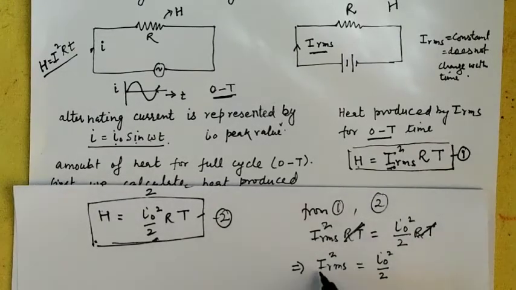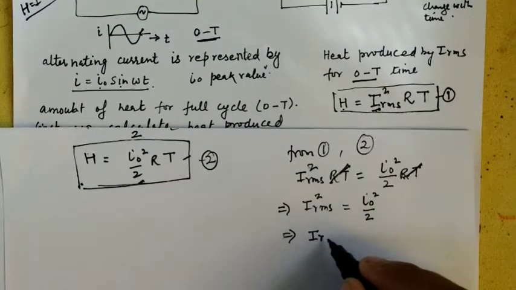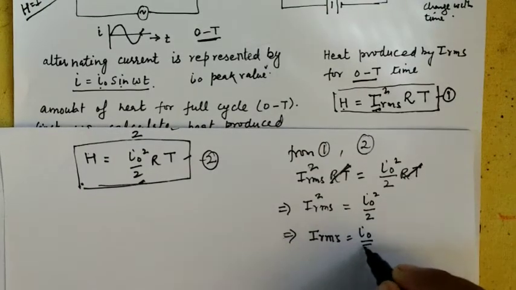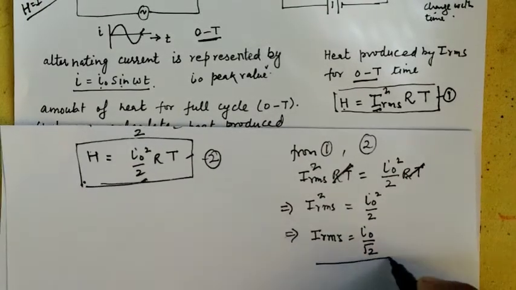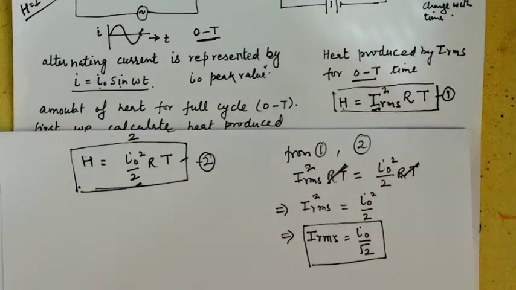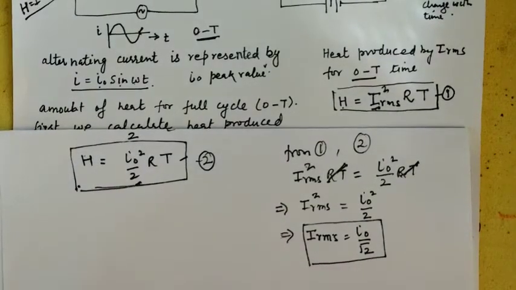We are left with IRMS square is equal to I naught square by 2. If we take the square root of this value, IRMS will be equal to I naught by root 2. So we have calculated that the root mean square value of the current is nothing but 1 by square root 2 times the peak value of the current.